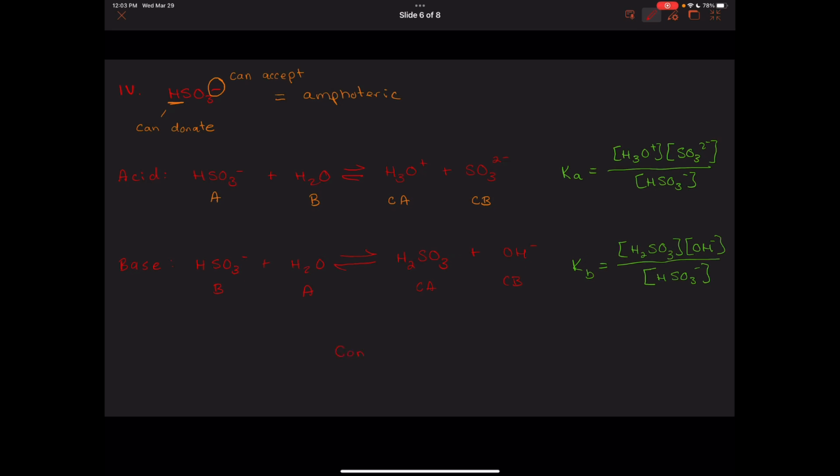So we would compare Ka and Kb to determine if it's being an acid or a base. So comparing Ka to Kb will determine which is stronger.